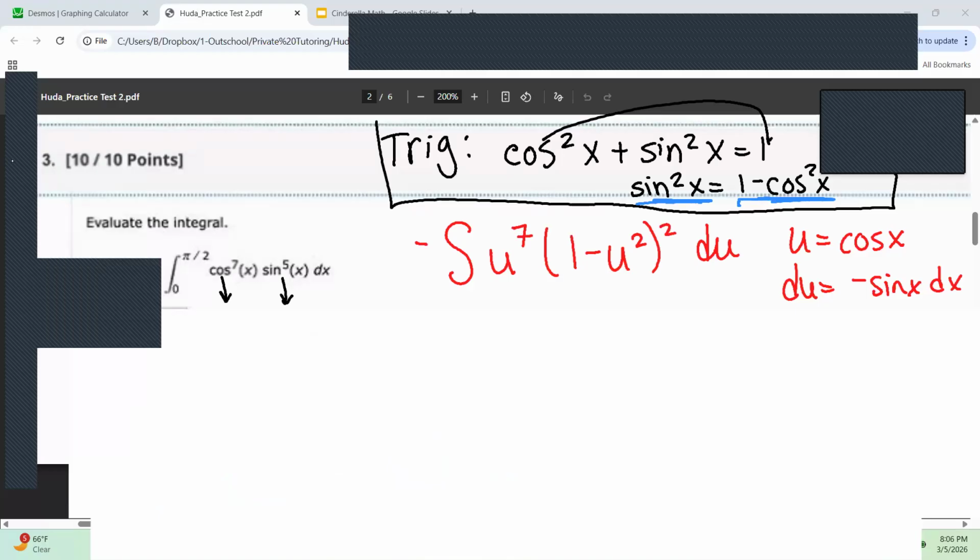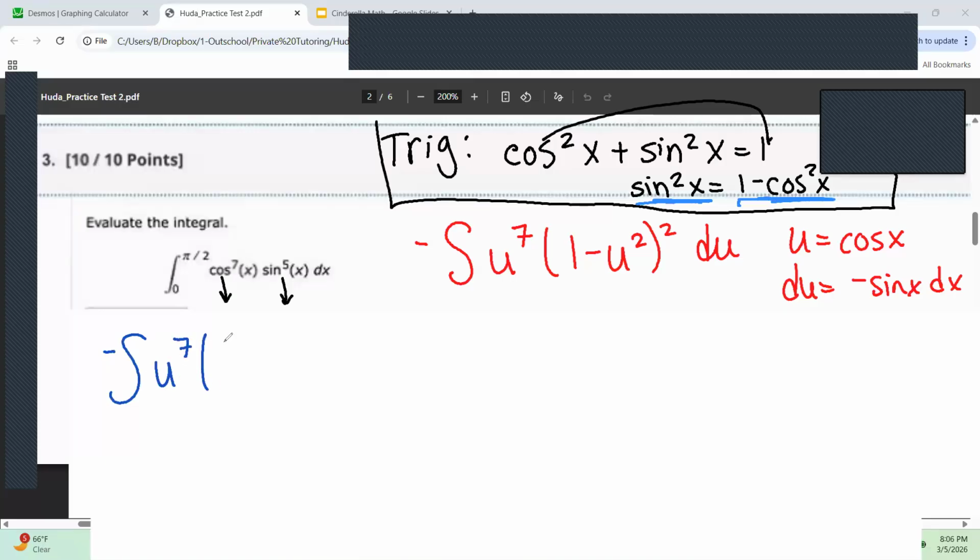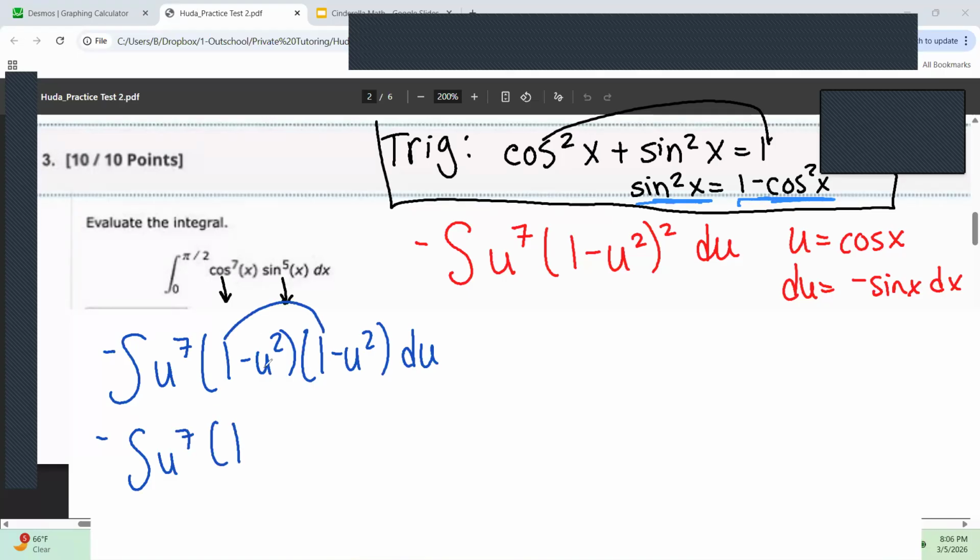Okay, we are going to go ahead and square that out. So we're going to have negative integral u to the 7th, 1 minus u squared times itself, because that's what squaring means, right? Times itself. 1 times 1 is 1. This would be negative u squared, positive u to the 4th.